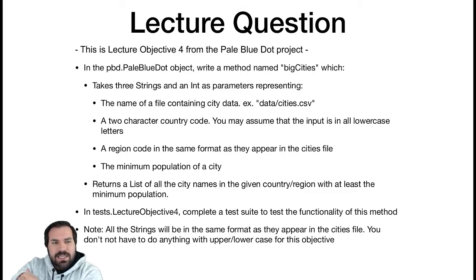The lecture question for today, this big cities. So we're in the cities.csv file again, and we want to find out for a given country, a given region in a country, tell me all of the big cities by some minimum population that we give. So this method takes a country, a region, and the minimum population, and returns a map of all the cities in this region that have a population at least this minimum population, and maps their names to their population.